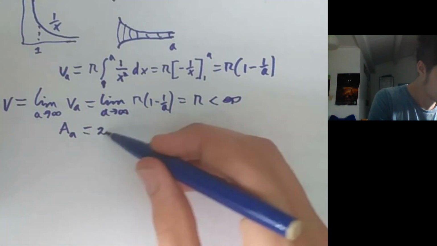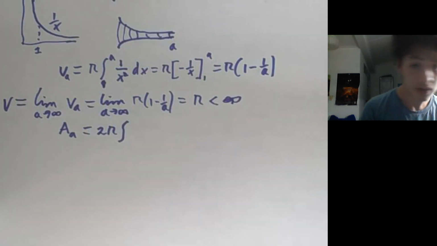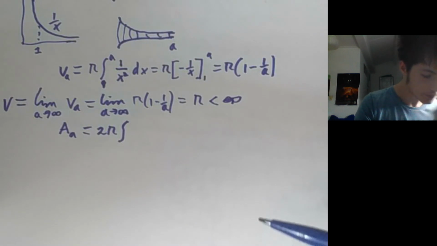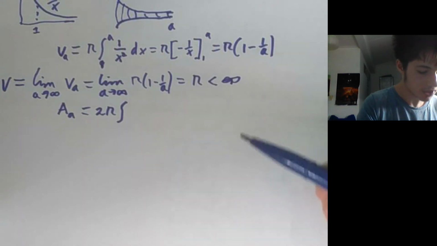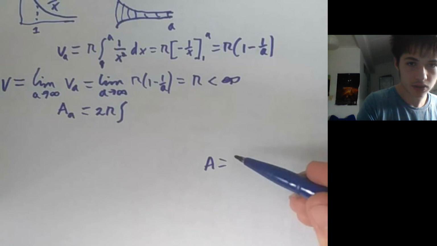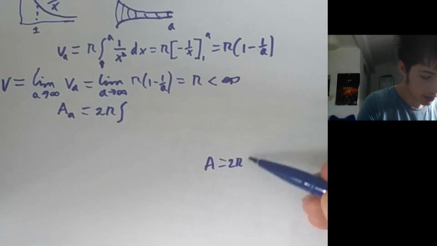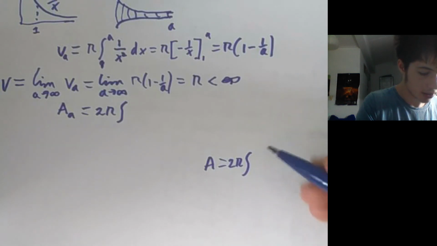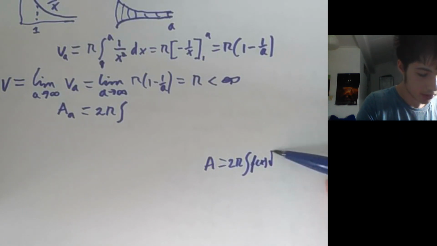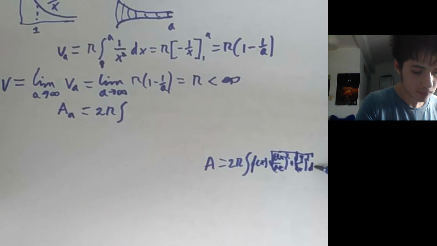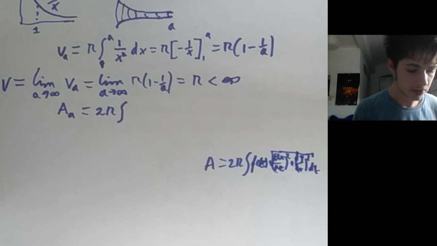Remember, when you're doing the area of such a rotated object, then the area in general is going to be 2 pi times the integral, whatever the bounds are, of the function of x multiplied with the square root of dx over dt squared plus dy over dt quantity squared. I guess this should have been a t as well.